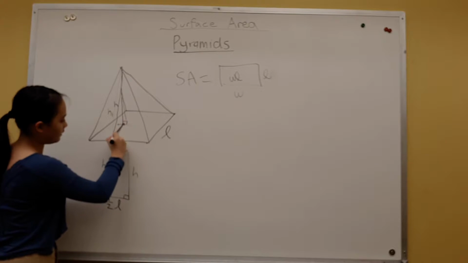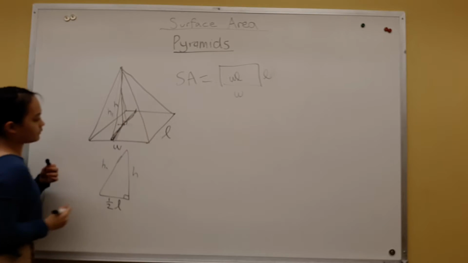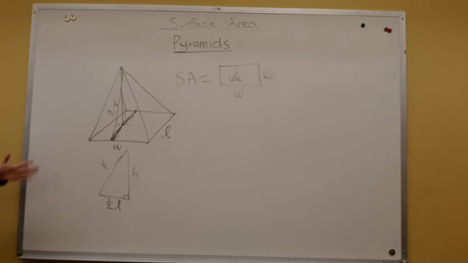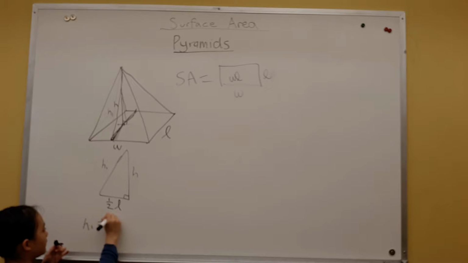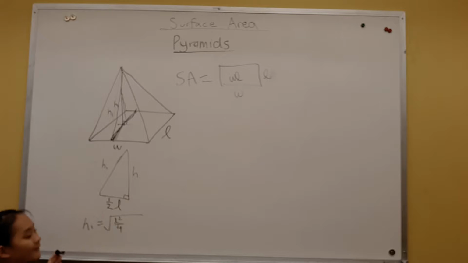This would be 1/2 L, since right here would also be 1/2 of L. Pretty simple. And with this and the Pythagorean theorem, we can relate it as h1 is equal to the square root of L squared over 4, so 1/2 L squared, plus h squared.